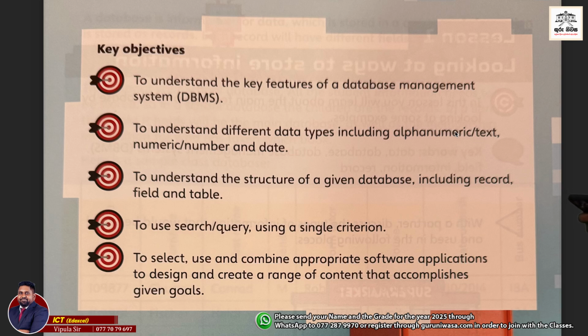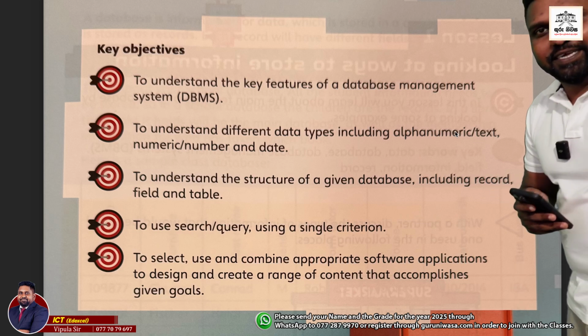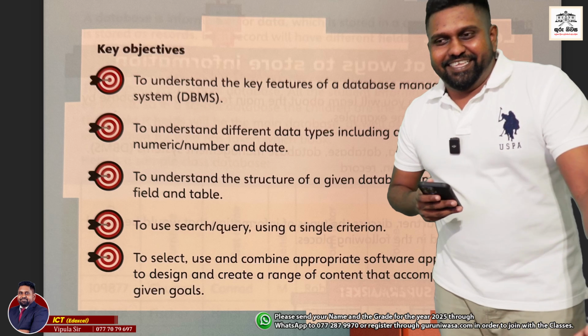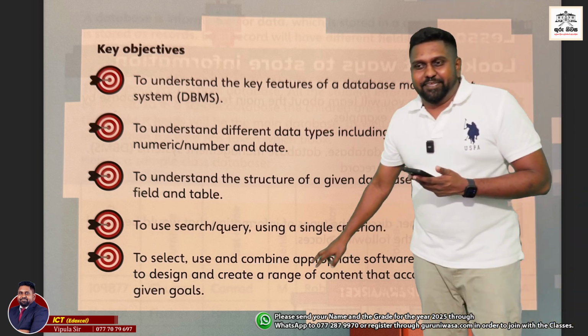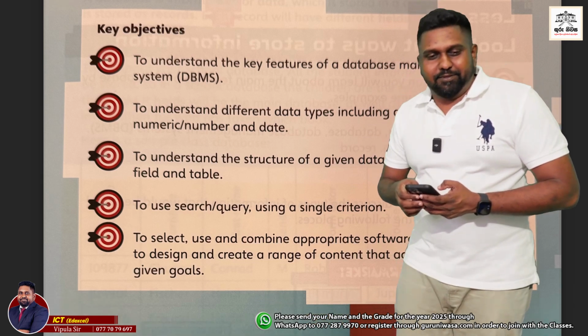And then how to select what type of software applications can be used to create databases and use them for these particular goals. We'll see what software we have to do this. Okay, so these are the 5 key topics we will be going through.